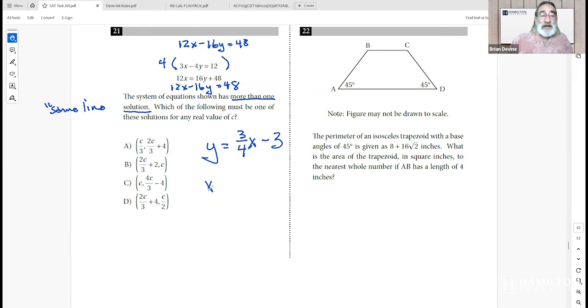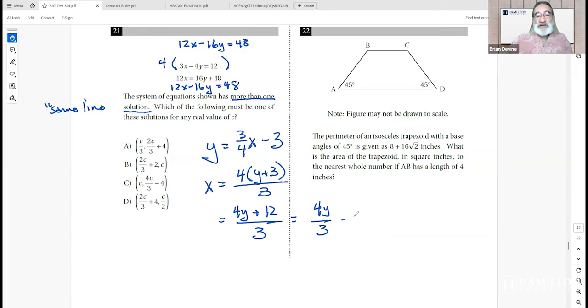Or if I put it as x equals 4 times y plus 3 over 3, which I could write as 4y plus 12 over 3, which would be the same thing as 4y over 3 plus 4. Now, why did I do that?